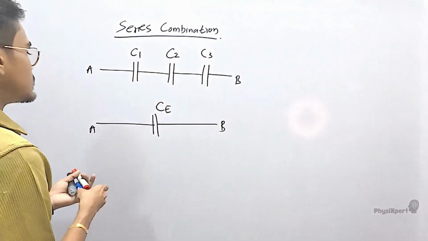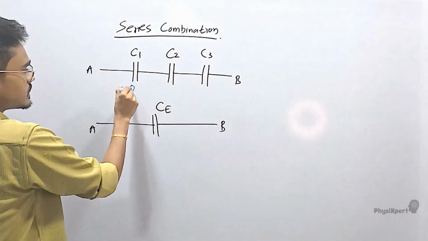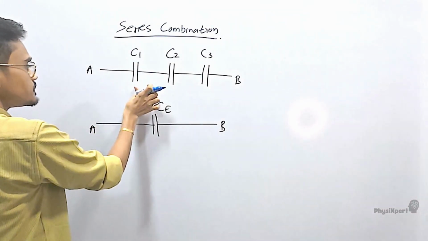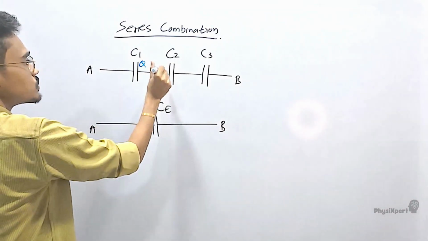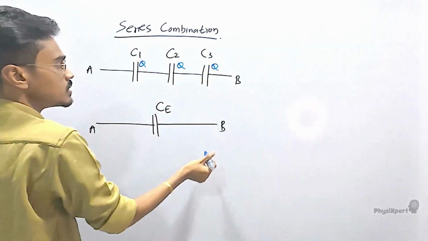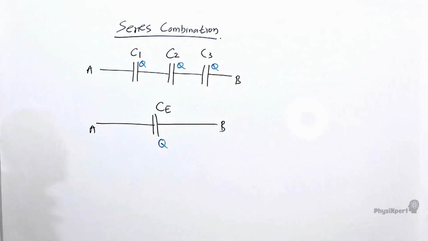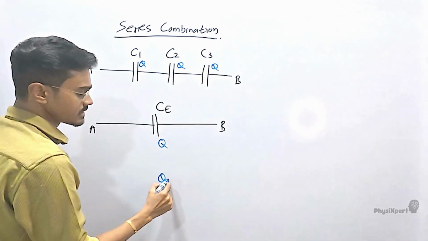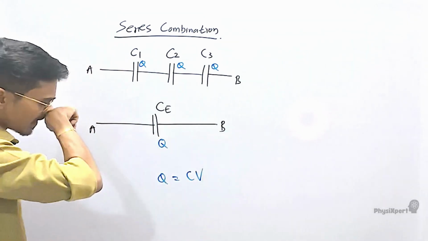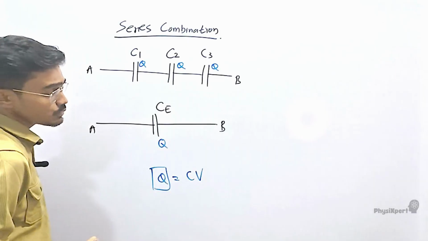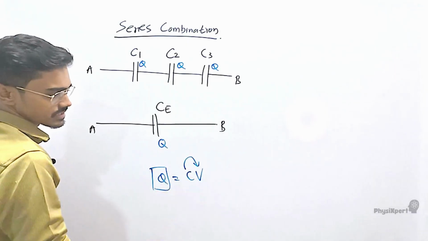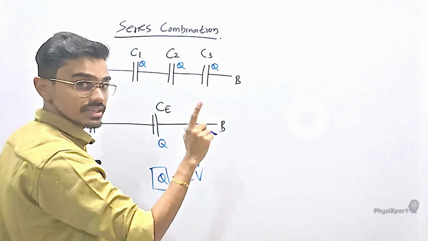So I'm going to consider the stored charge here as Q, and here also it should be the same Q. According to Q equals CV, Q is the same but C is different, which means V is different.